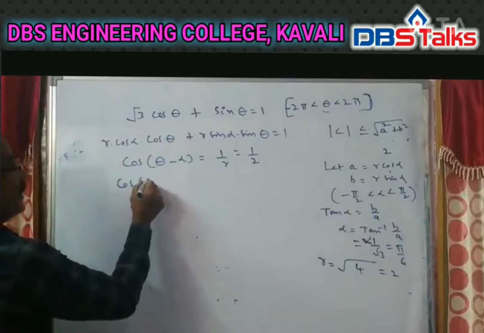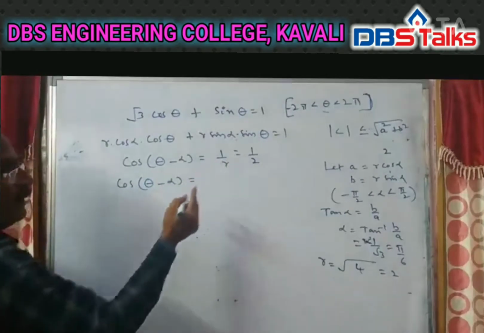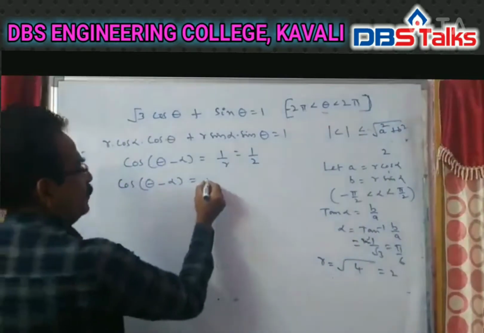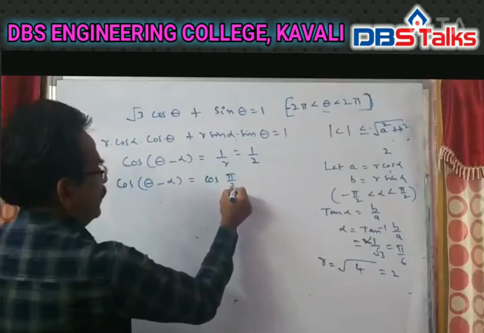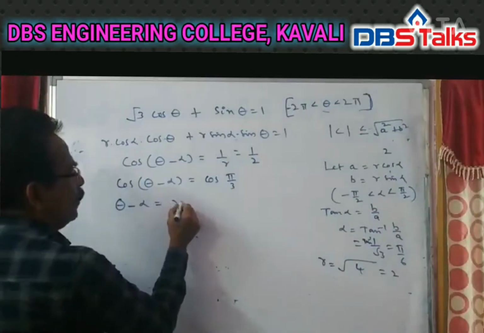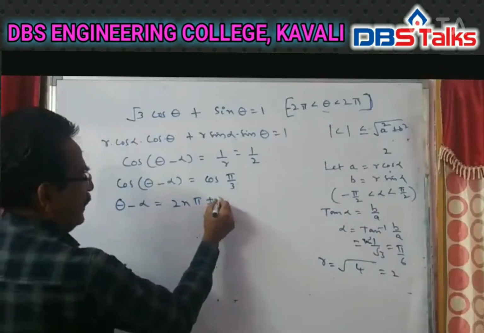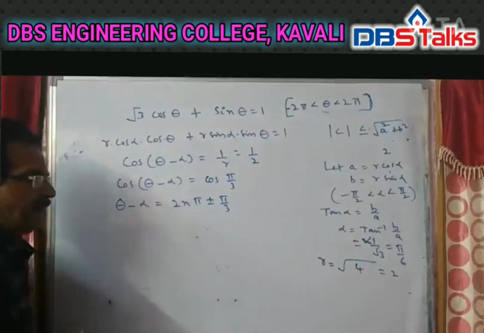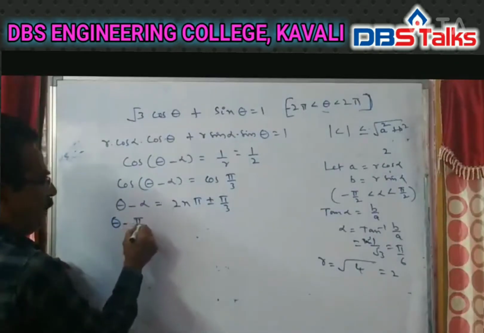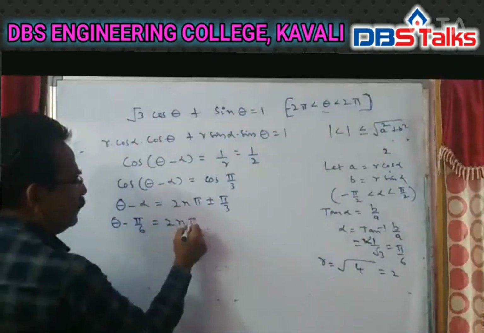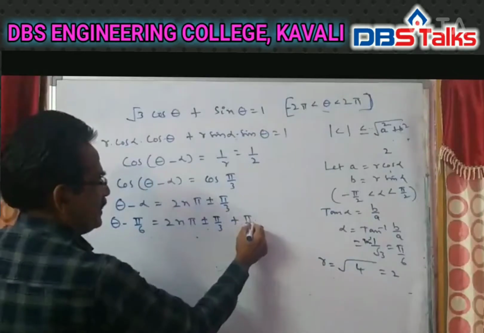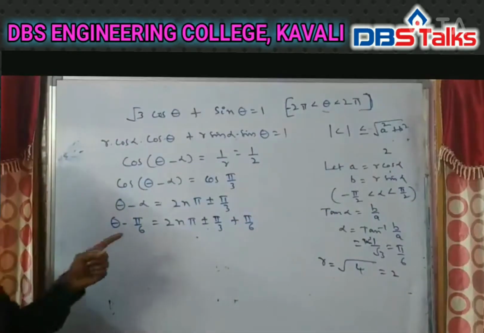Cos of theta minus alpha is equal to 1 by 2, which means cos pi by 3, cos 60 is 1 by 2. Now theta minus alpha is equal to 2n pi plus or minus pi by 3. Theta minus pi by 6 is equal to 2n pi plus or minus pi by 3, so theta is 2n pi plus or minus pi by 3 plus pi by 6. Now let us see the two solutions.